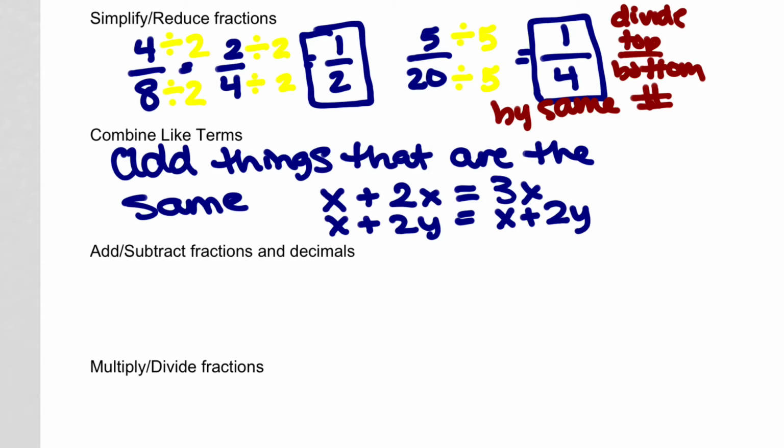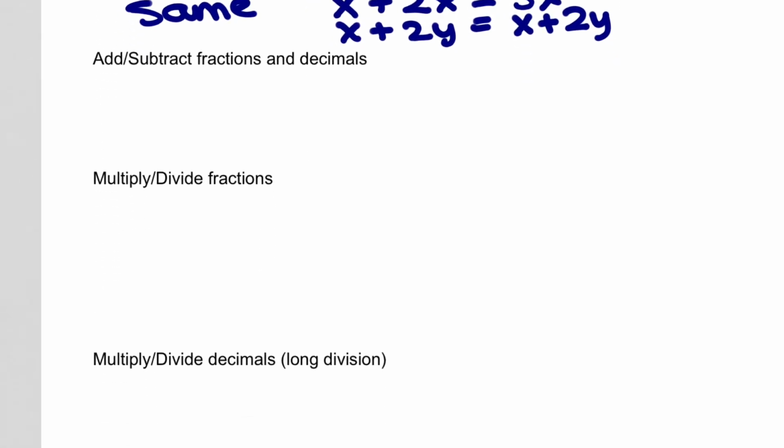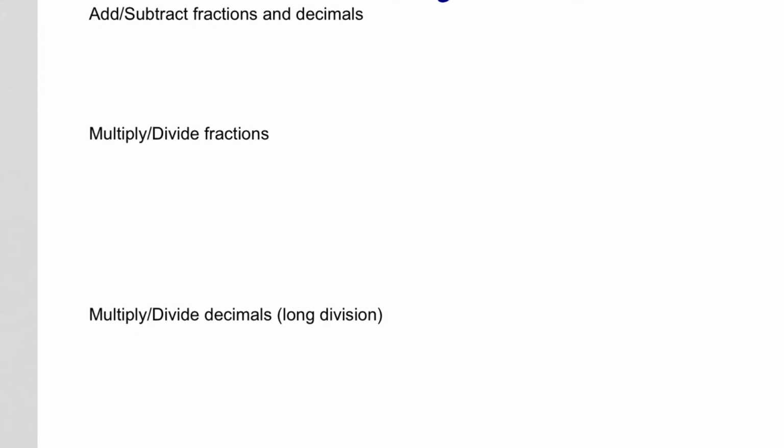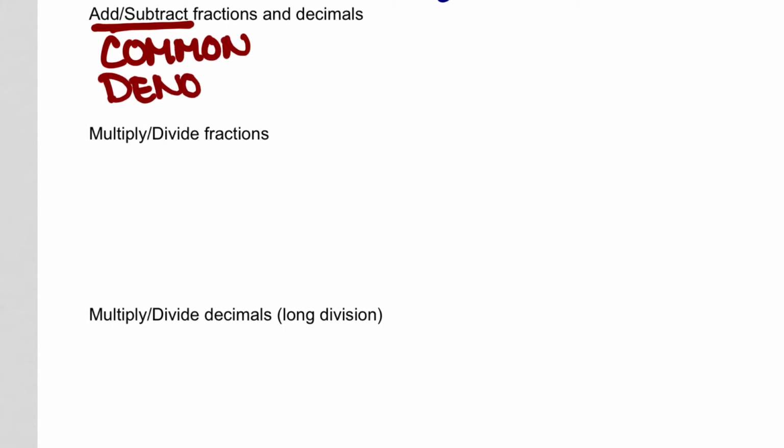All right. Add or subtract fractions and decimals. So the big thing that we need to know is when we are adding or subtracting fractions or decimals, we must have a common denominator, always.